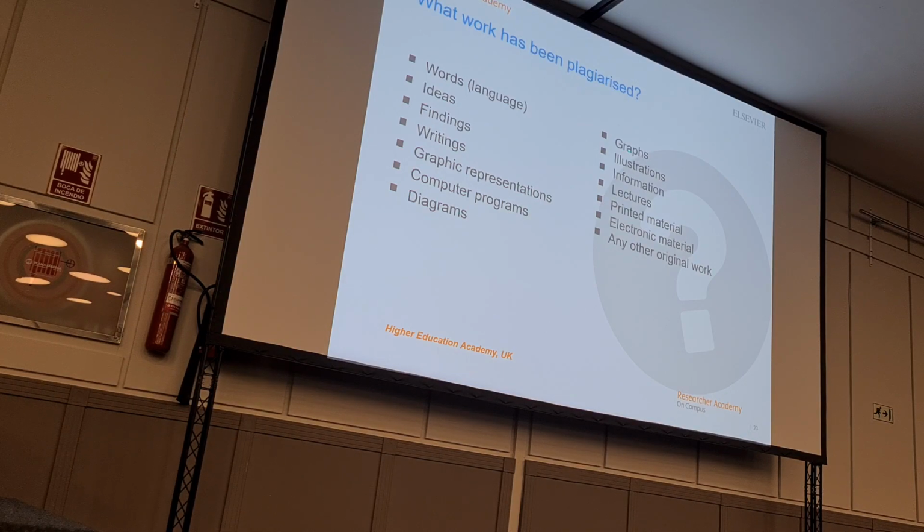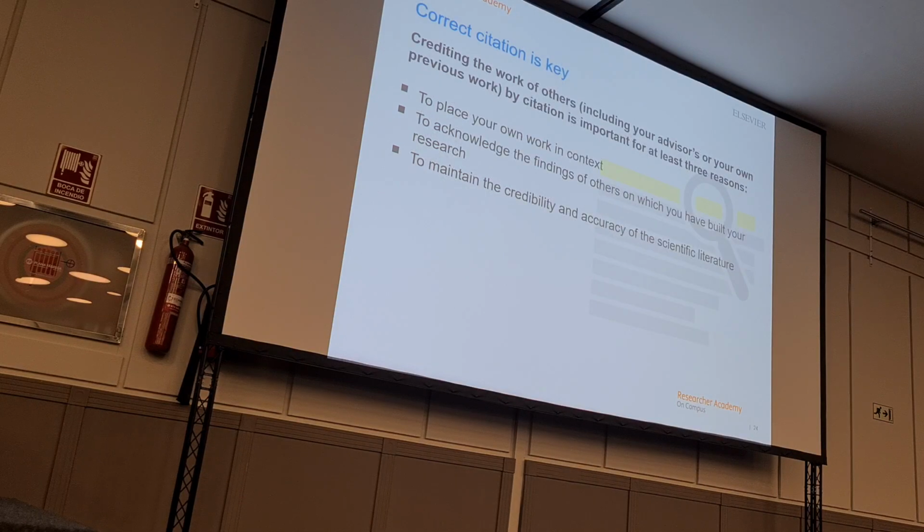Also diagrams, graphics, and illustrations, information, lectures, printed material, electronic material, any other original work. So we have to make sure to cite if you want to use it, so that you can avoid plagiarism. So citation is the key.